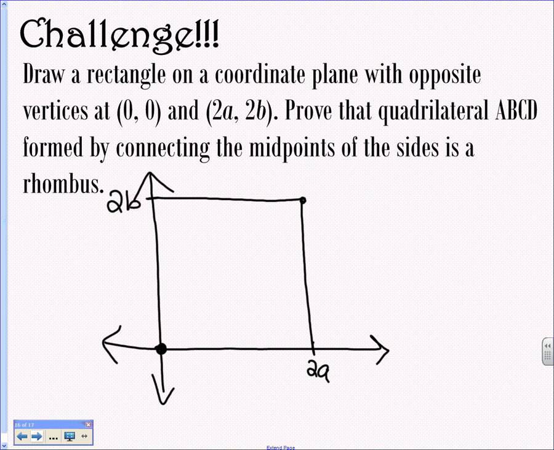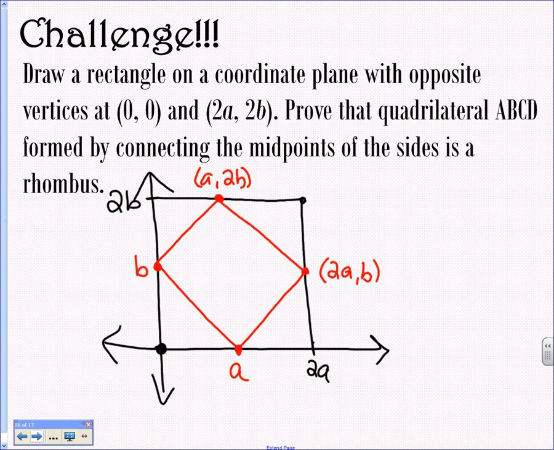So what do we need to do first? Okay, well, what would be the midpoint on this side? What is that? Okay. What is the midpoint on this side? What is the midpoint here? Okay, what is the midpoint there? So how would we show that it is a rhombus?